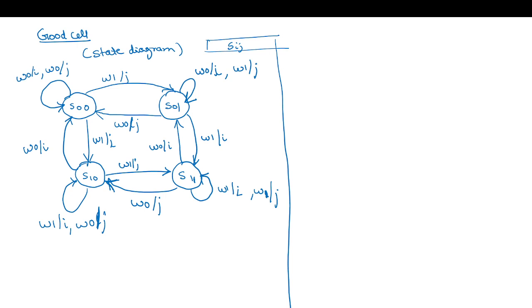So now again, let's consider the inverse coupling fault. This is represented as CFIN, and any transition inverts the contents of the cell.